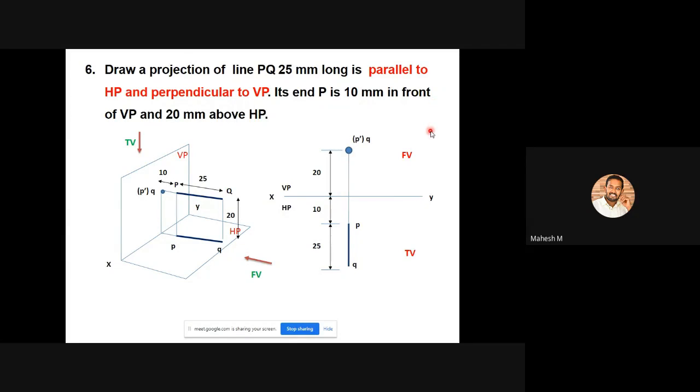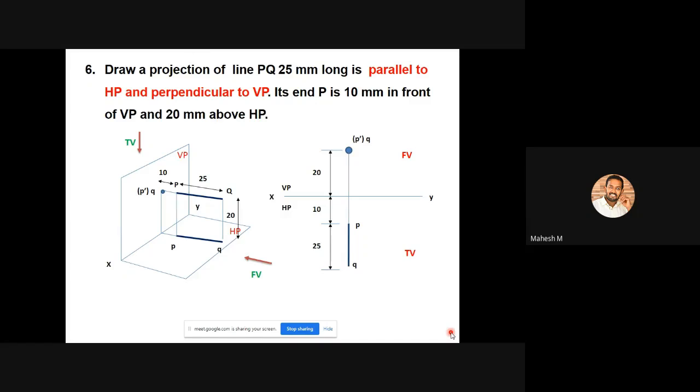Roll number 34. Roll number 34. So 34 is absent.